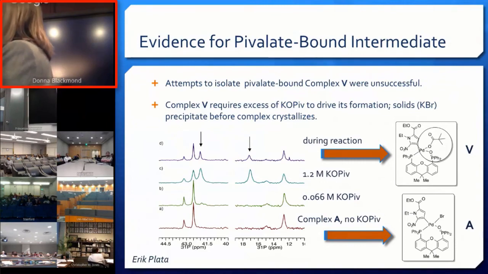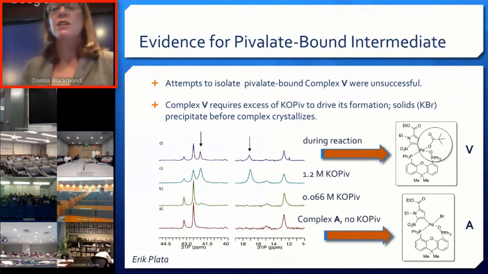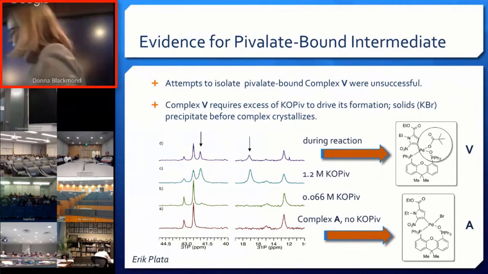And it actually is going to become quite important in the next studies that we're doing, because the pivalate is really a key ligand. I mean, we found out that we couldn't do the reaction with other bases unless they were carboxylate bases. So this type of base turns out to be important in a lot of CH functionalization reactions. Next slide.